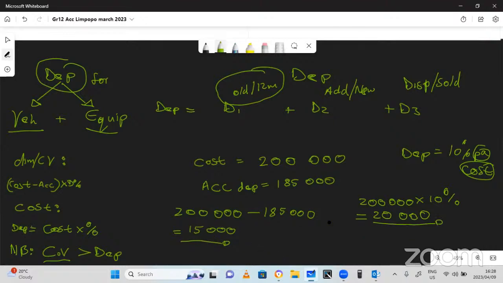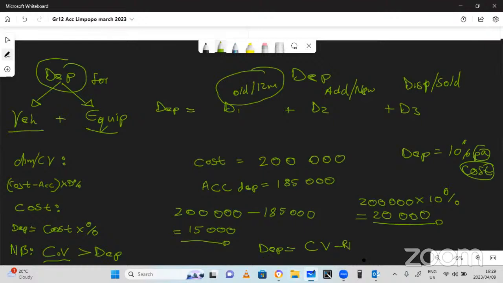Because the depreciation is now greater than the carrying value, we are going to use the 1 rand carrying value method. This method states that you take your carrying value and simply subtract the R1. Always take your carrying value and subtract your R1 to get your depreciation.